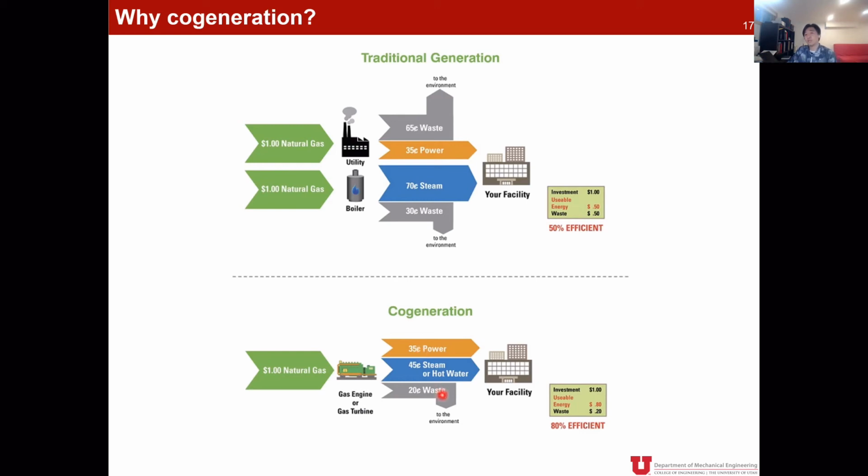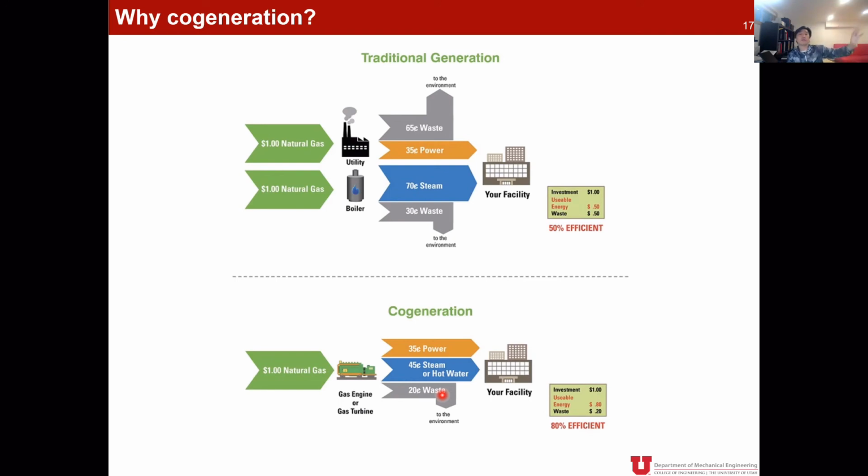So what it means is that out of 65 cents, approximately 45 cents still can be reused to generate steam or hot water. So that can be supplied to the society. So only 20 cents is being wasted. So by burning out $1 natural gas, we get 80 cents beneficial to us and we waste only 20 cents. So overall efficiency is 80%.